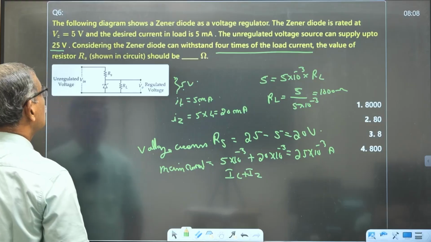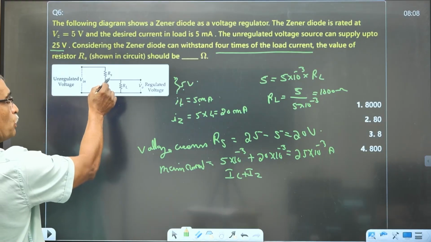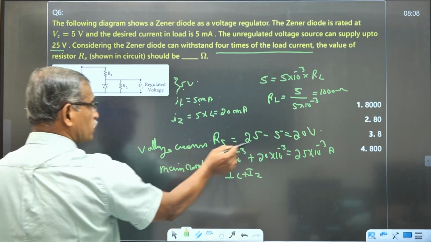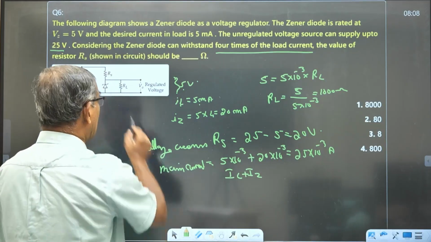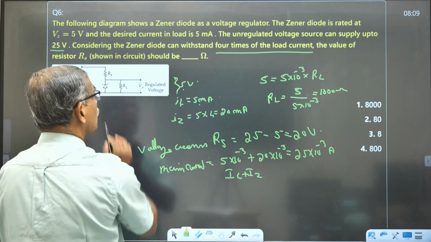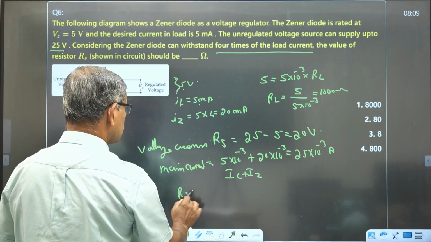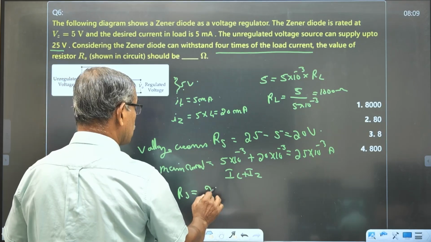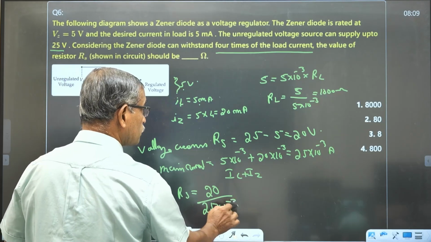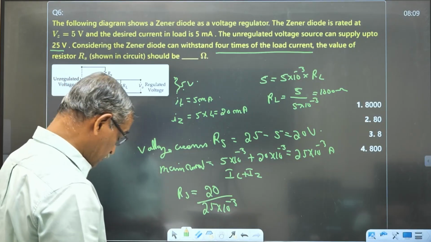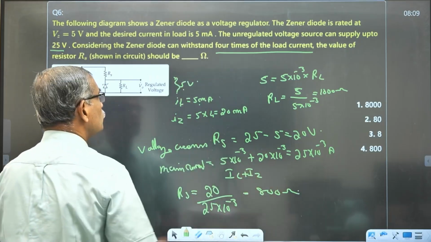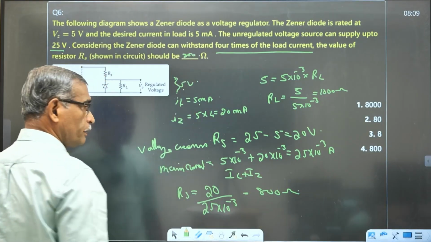Now, by Ohm's law, the voltage drop across the limiting resistor is 20 volt and the current through that is equal to 25 into 10 raised to minus 3. Therefore, what is the value of RS? RS is equal to voltage drop across that, 20, by current through that, 25 into 10 raised to minus 3. On calculation, the value is found to be 800 ohm. So this is 800 ohm. Okay.